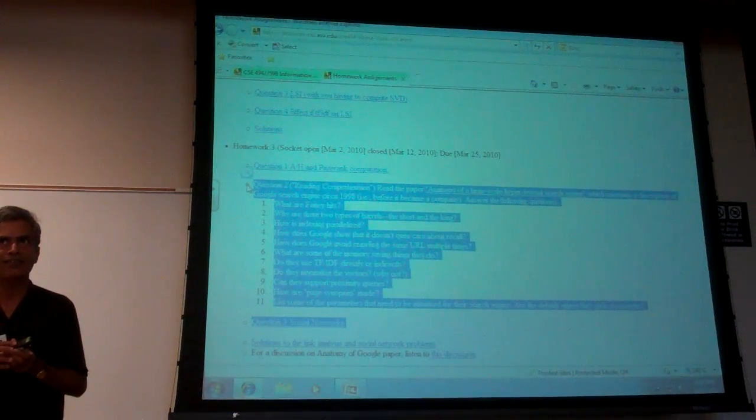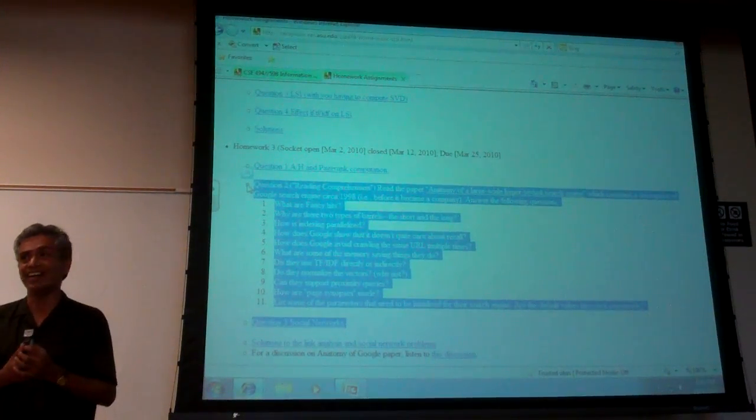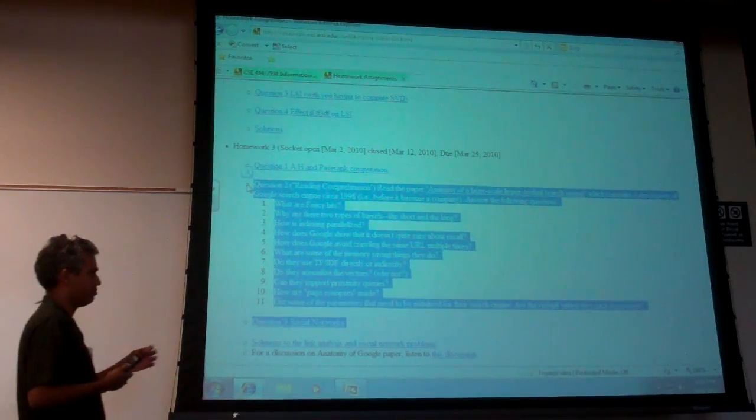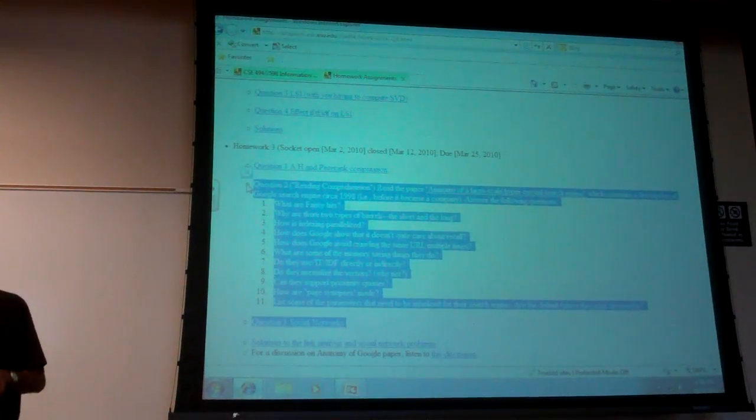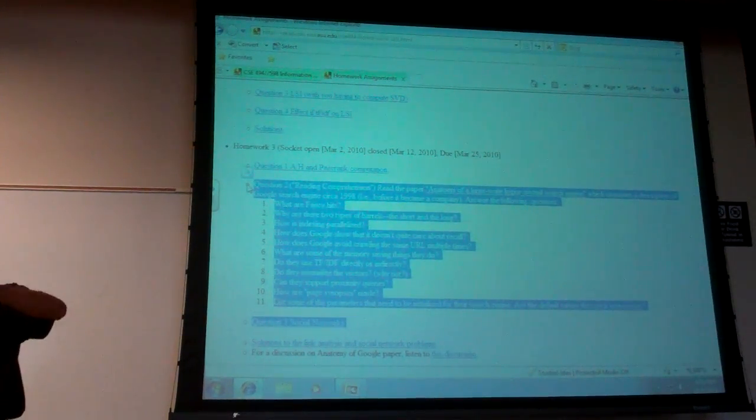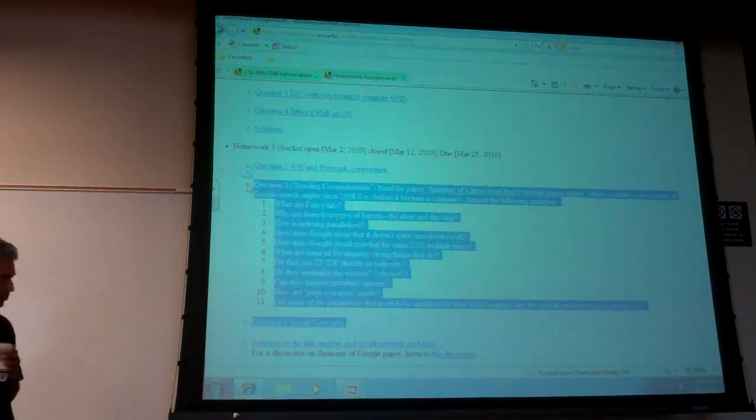In the old days, I used to have a whole class just discussing that paper, but then I found that only I read the paper, and nobody else had read it. So this is a way to make sure that you actually do. And then the exam would be Tuesday after next week.